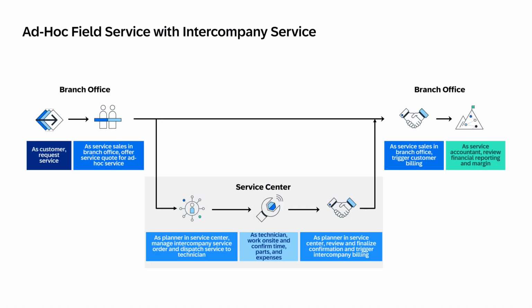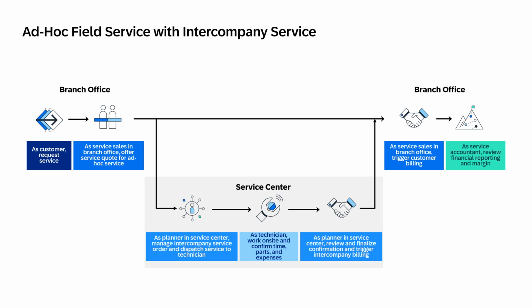So what does this mean? I already mentioned it before. A lot of our customers are organized globally. So they have local offices or branch offices in countries, and then sometimes centralized and very specialized service centers. To support this process between the branch offices that interact with the end customers and the centralized service centers, we have developed and made available this intercompany service execution process.